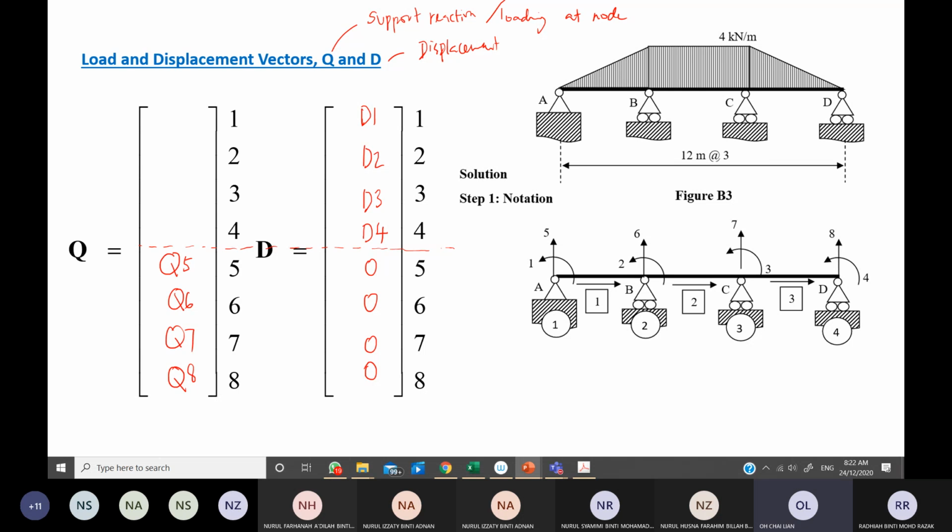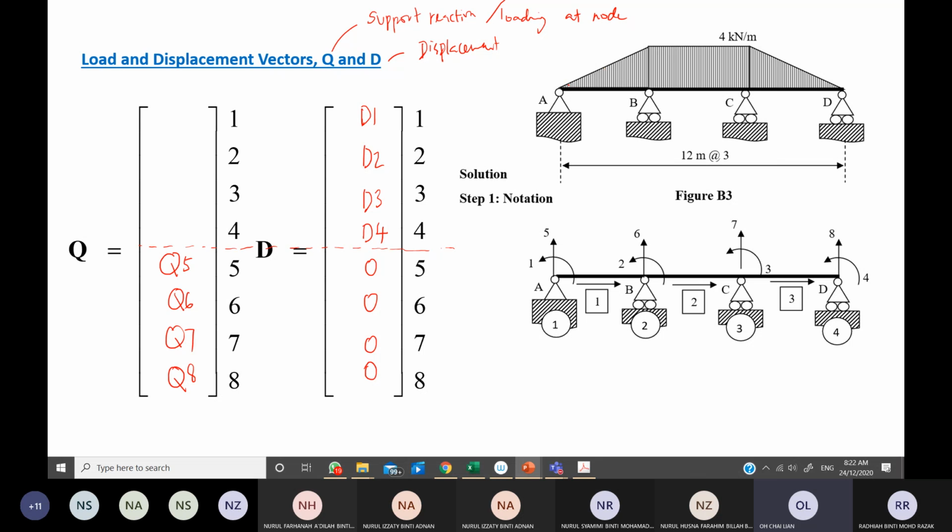How about Q1 to Q4? What is the value? 0. Yes, because they are neither the support reaction directions, and there is no loading at that particular direction.